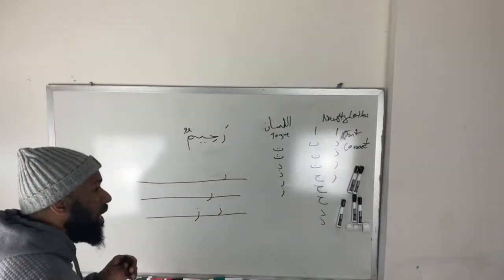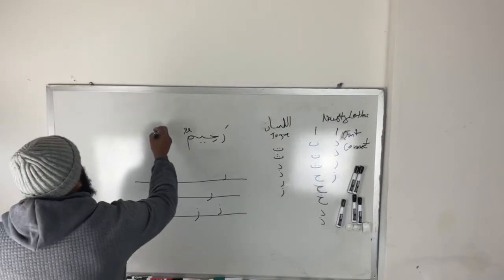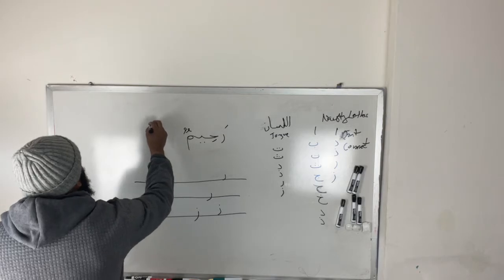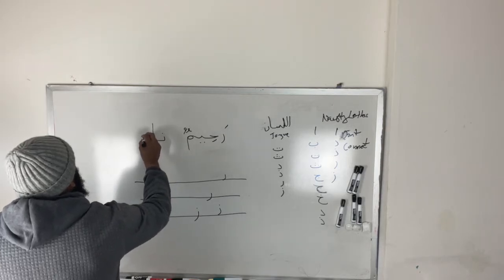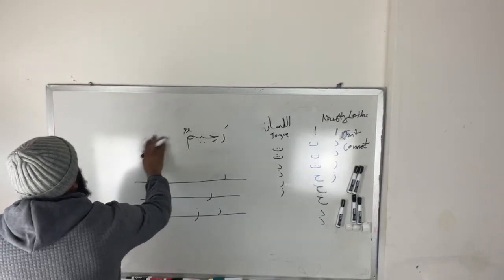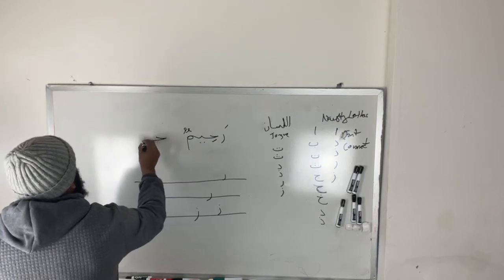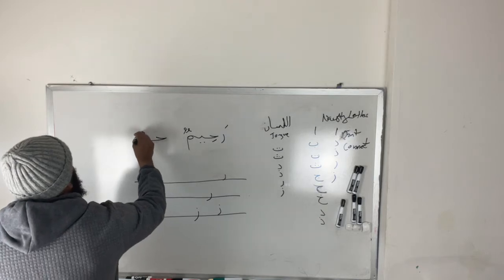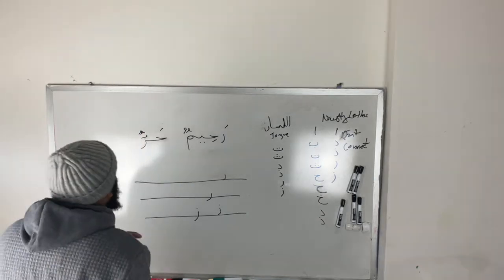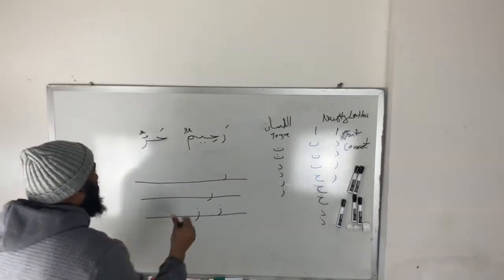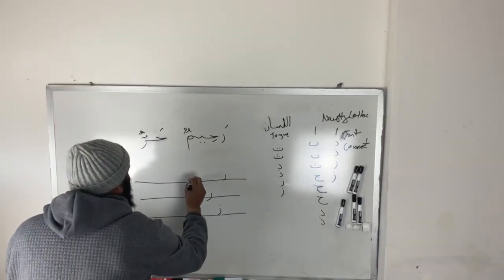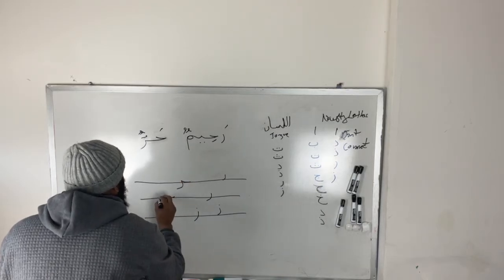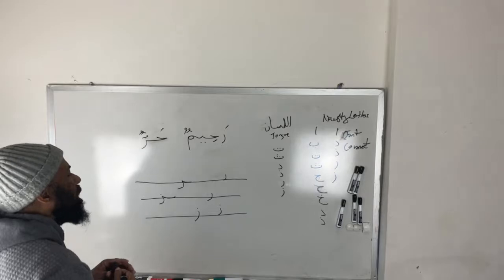Let's look at ra in another position. Okay, so we see ra from the back being connected. When it's connected from the back, that's the same thing you will see with the zay, just a dot on it.